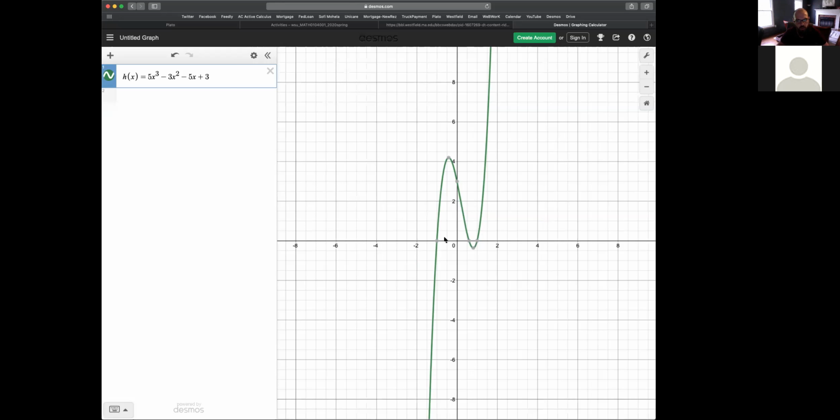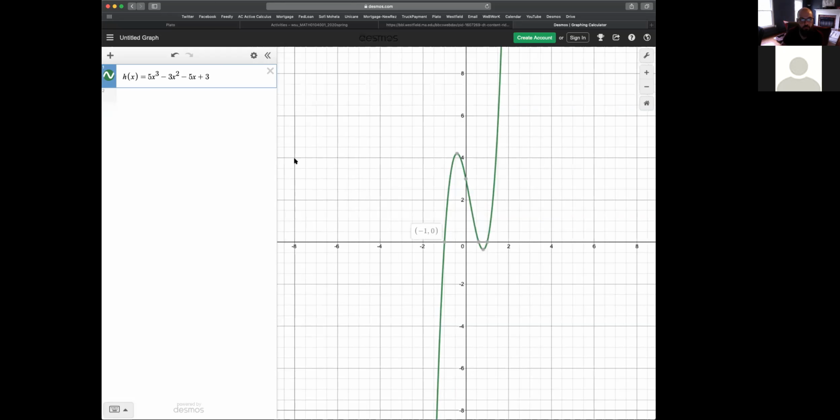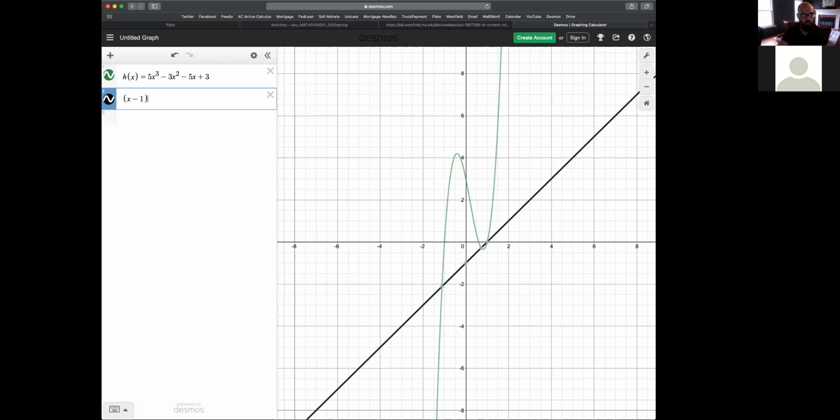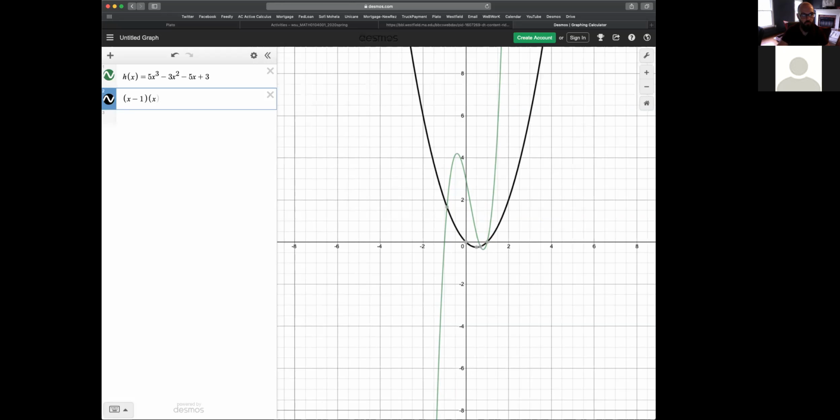All right, so you found the zeros. You got negative 1, 0.6, and 1. So what's the next step? Then I typed those out into an equation in factored form. So I did x minus 1, x plus 1, x minus 0.6.